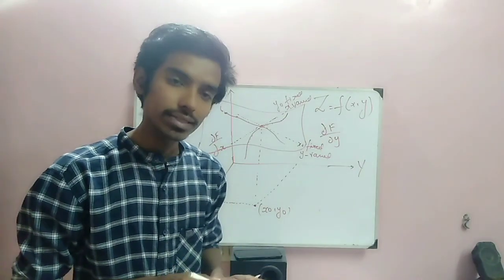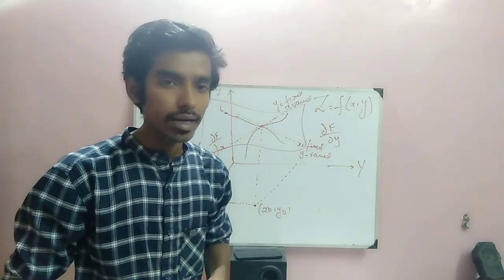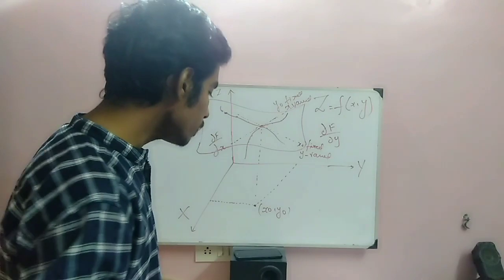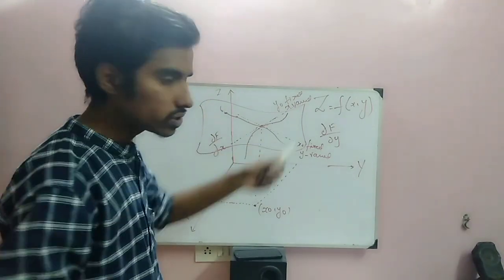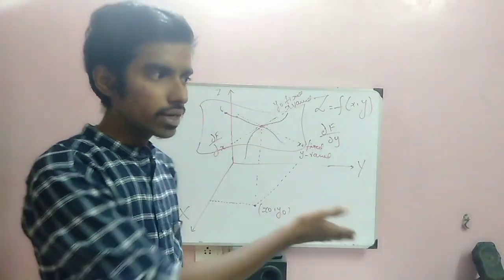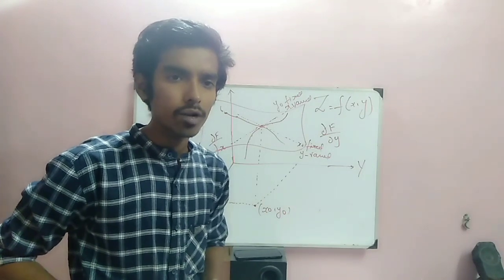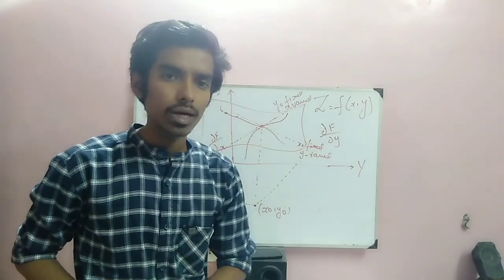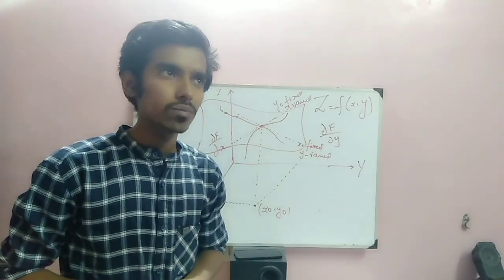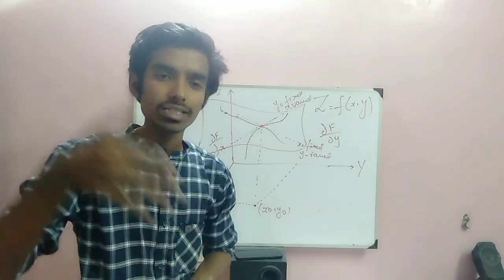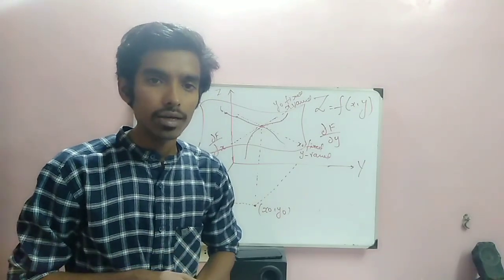So first you have to understand the concepts, then you can clear. I have solved many problems using dou f by dou x and dou f by dou y. In the previous video also I solved a problem. They had given a function of two variables and asked us to show that the partial derivative exists at 0, 0.